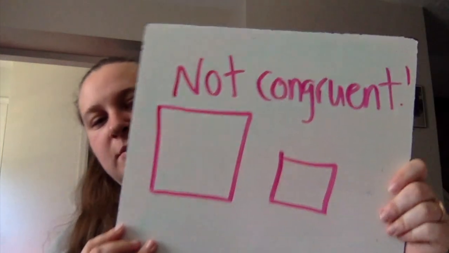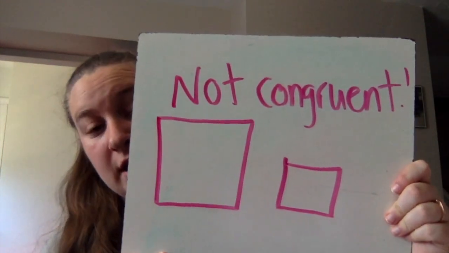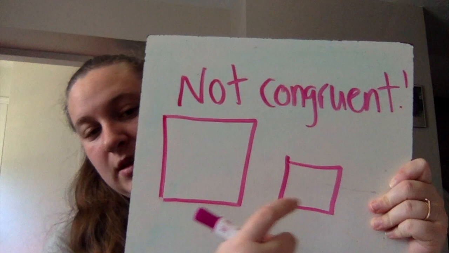So if you think about why they're not congruent, well, they are the same shape, right? They're both squares. But in order to be congruent, they have to be the same size. These are not the same size. This one's way bigger than this one. So that would be a good non-example.